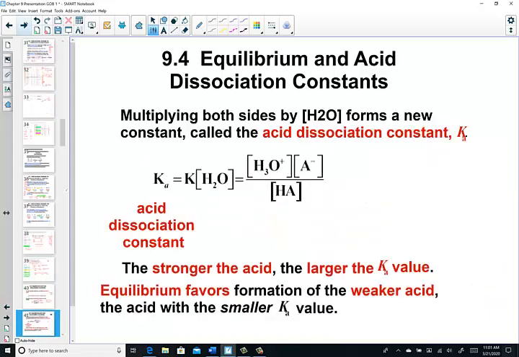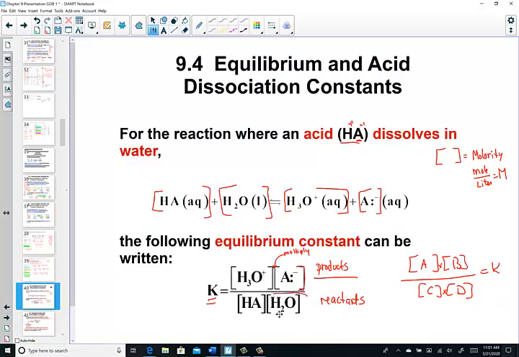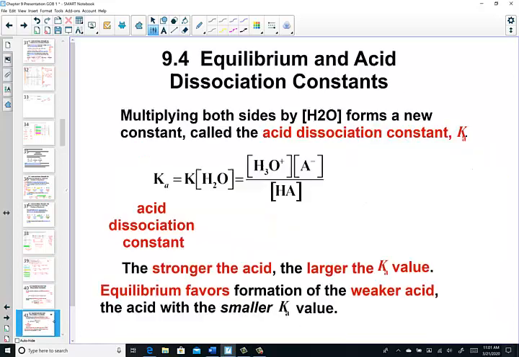So when we multiply both sides by water, just to back up, if I were to multiply both sides by H2O, I can get rid of it on this side and bring it up to the left, and that's what we've done here. When we multiply both sides by the concentration of water, we can simplify this expression to let it become the acid dissociation constant. And that little A is going to represent the equilibrium constant for an acid.